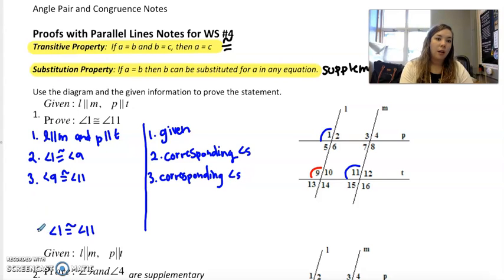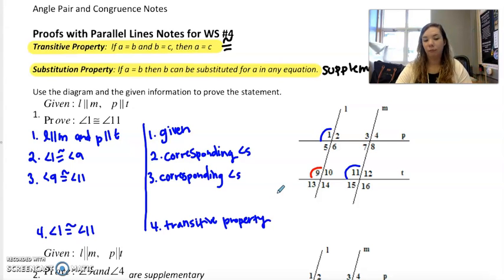And then I can now conclude this, because if 1 is congruent to 9 and 9 is congruent to 11, then these have to be congruent to each other using our transitive property. And that's our very first proof.